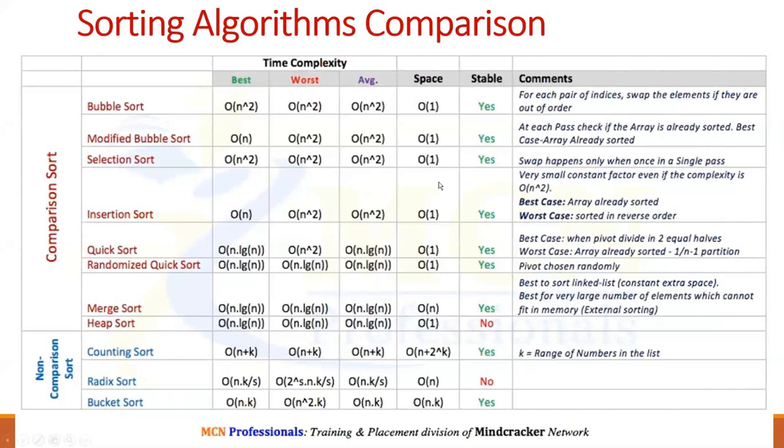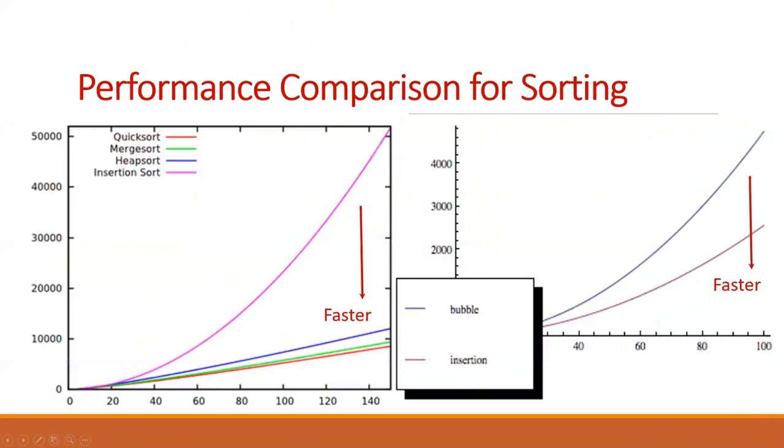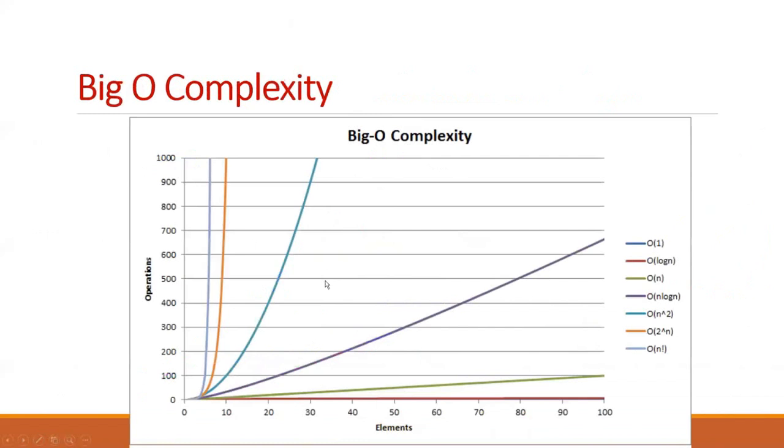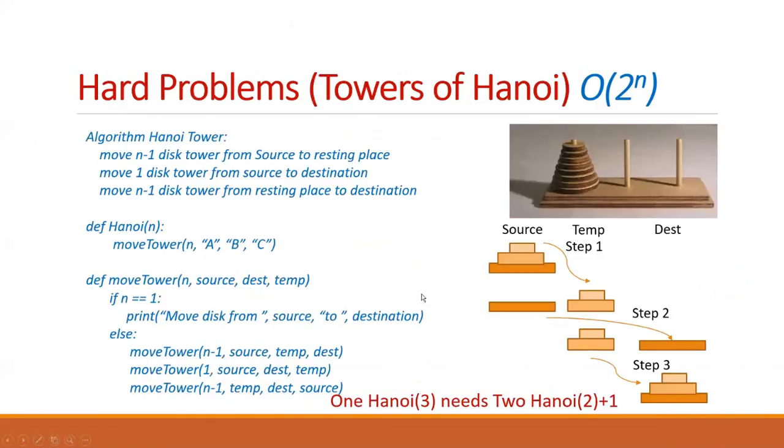Okay, and you can compare which sorting is faster. So in most cases, insertion sort is the slowest. Then merge sort and quick sort, quick sort is slightly better than merge sort. But in the worst case, quick sort is not as good. On the average, though, quick sort is better than merge sort. Okay, that's big O complexity.